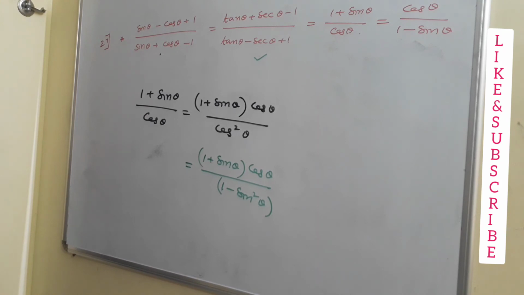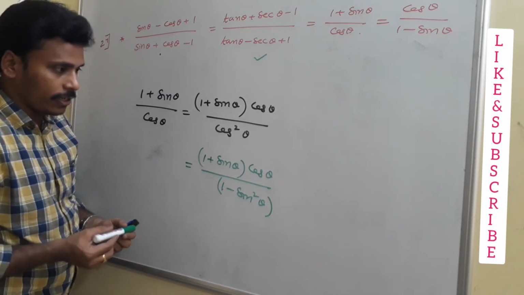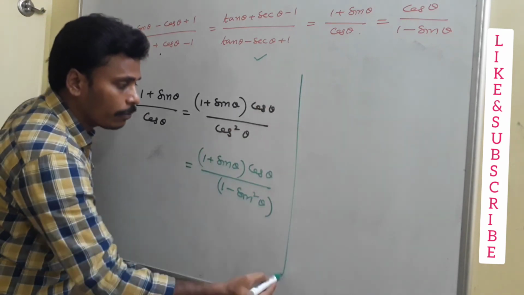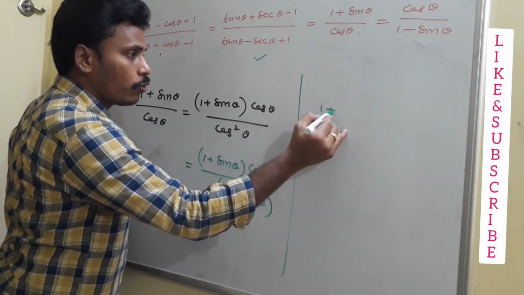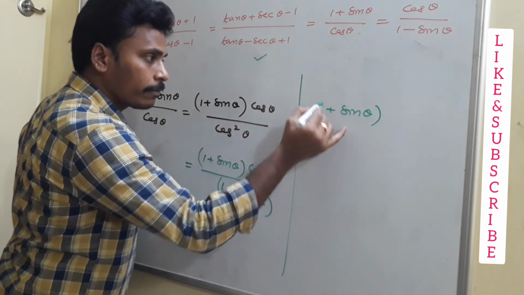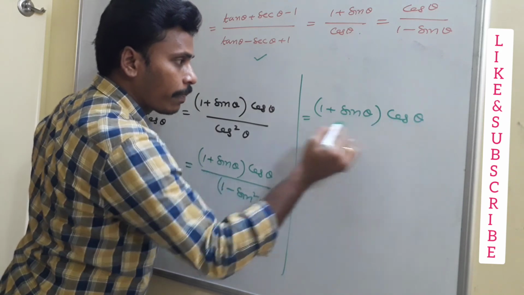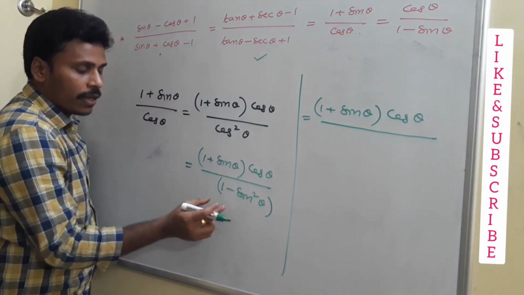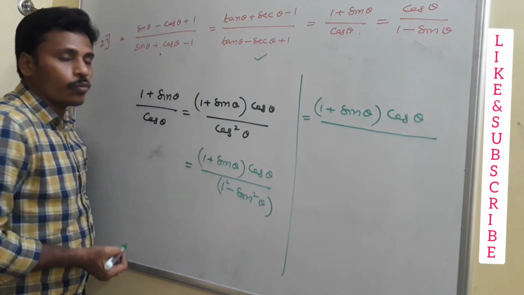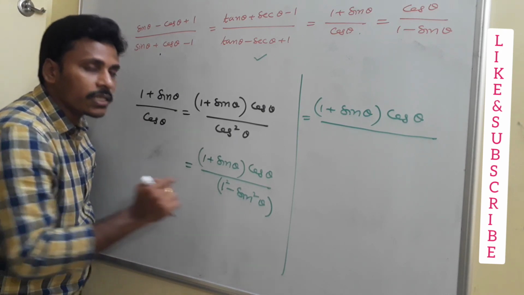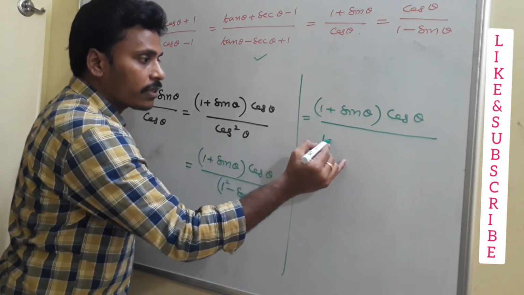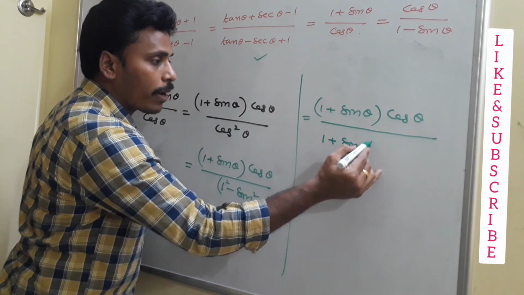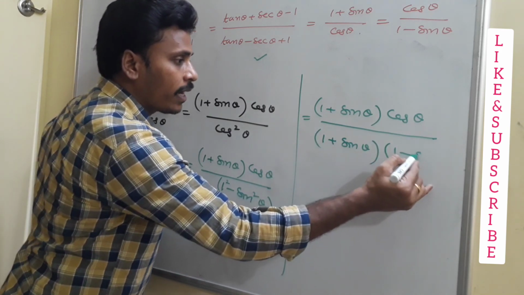And now, look at this. 1 minus sin square theta can be written as, this equals 1 plus sin theta into cos theta divided by the denominator part. Again use that a square minus b square formula. 1 square minus sin square theta, I will write it like 1 plus sin theta into 1 minus sin theta.